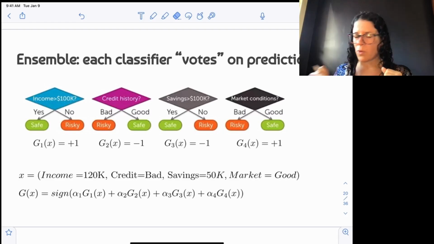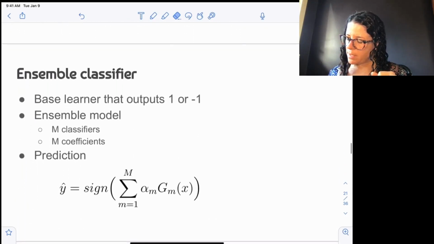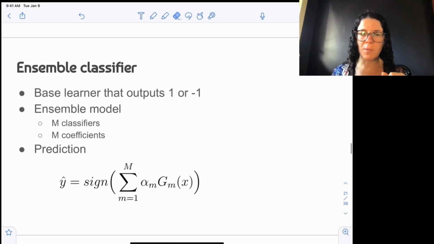So basically this is the setting that we are in. We have some kind of base learner. The base learners are these weak algorithms, G1, G2, up to GM.